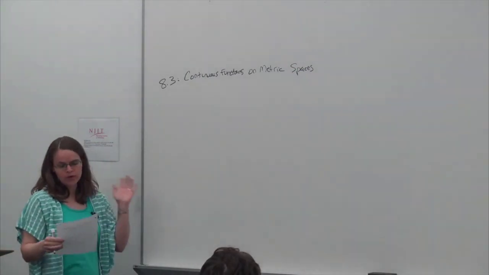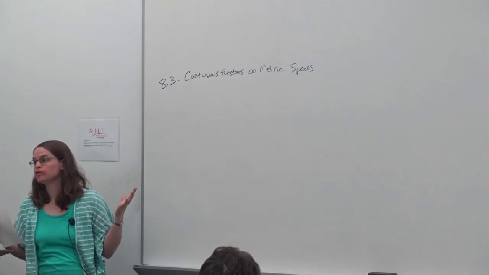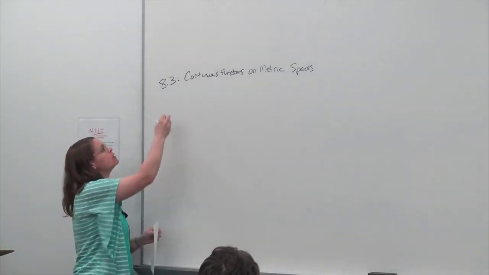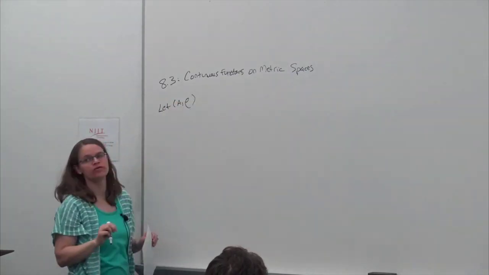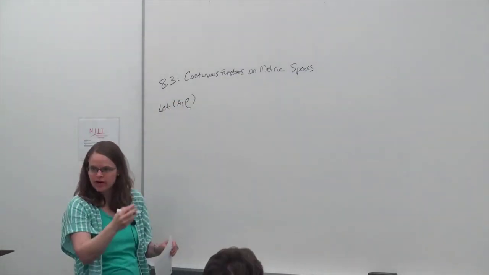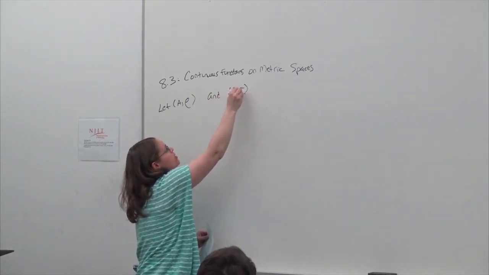Okay, so again, we're going to suppose now that we have two metric spaces. They could be the same or they could be different. So A and rho is a metric space. A is a collection of objects, rho is a metric. And then B sigma is another one.